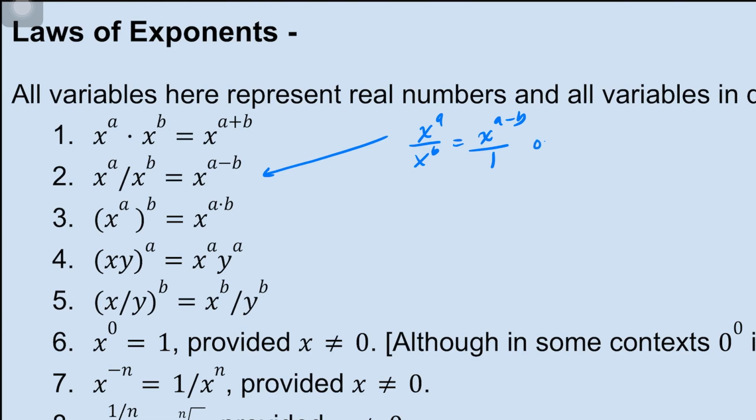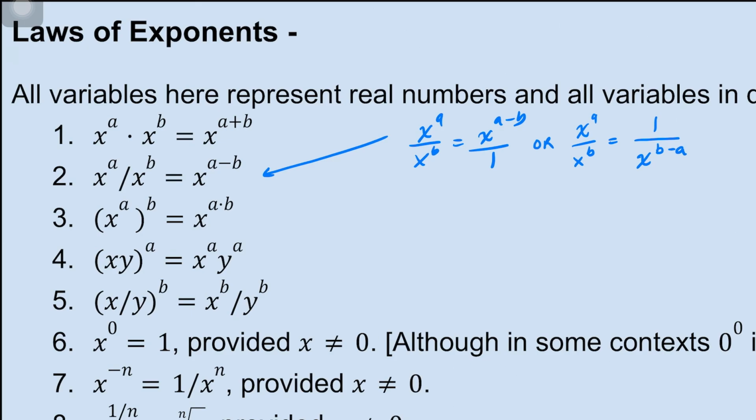So you can have x to the a over x to the b, and you can do the subtraction in the denominator. The only difference here is the order of the subtraction. Now instead of subtracting b, you're subtracting a, right? So that's also sometimes convenient for us to remember, that you can work this way as well.